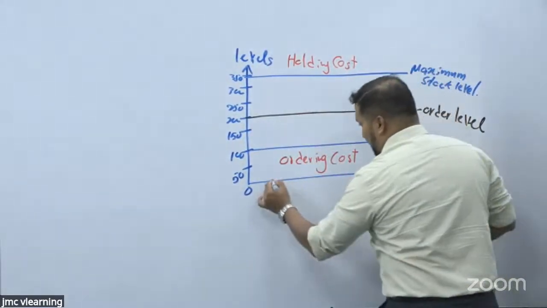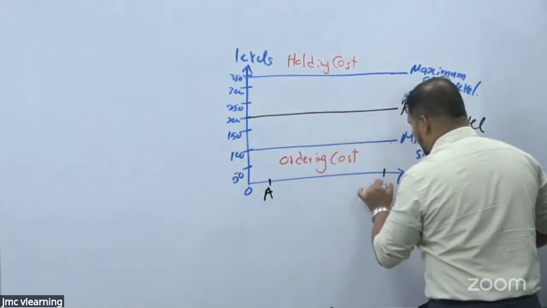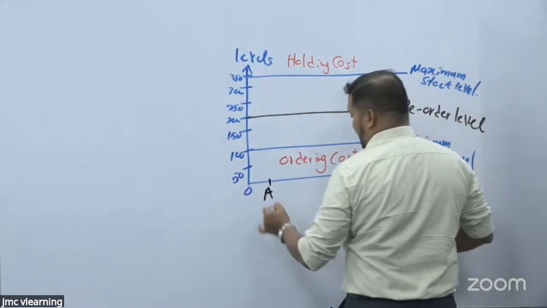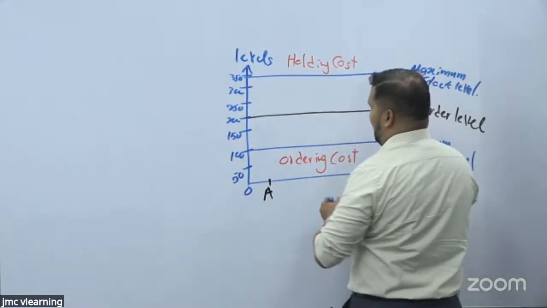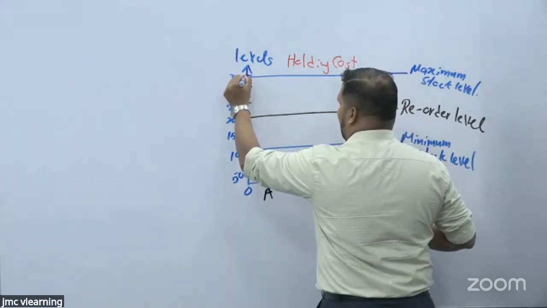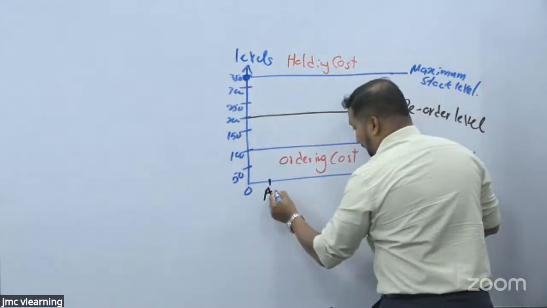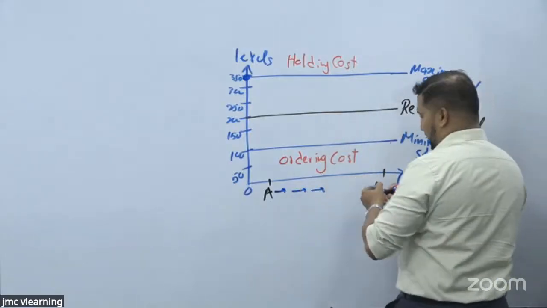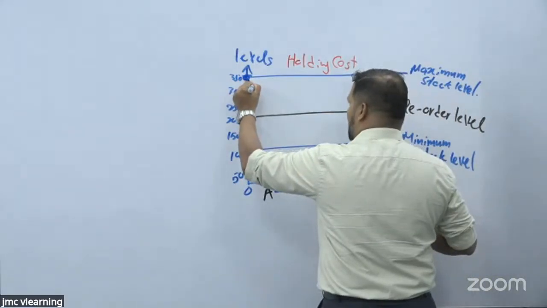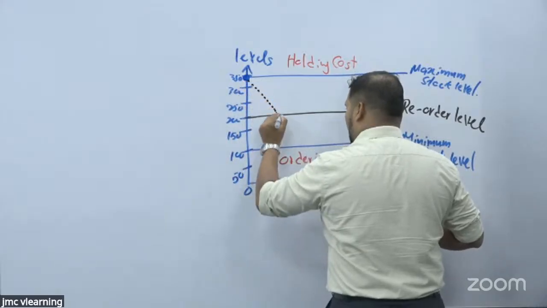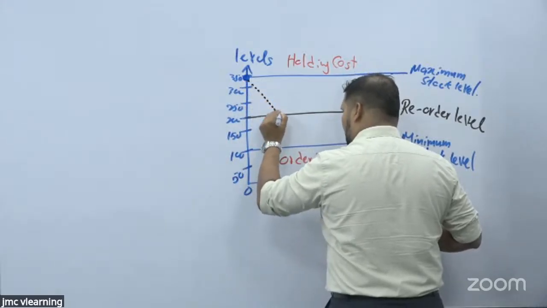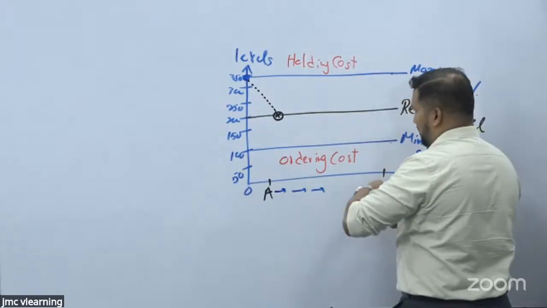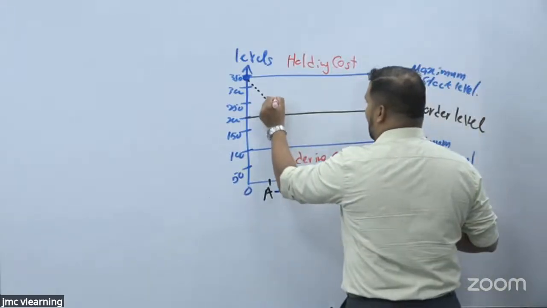So let's say the time is starting from April and ending in March. Let's say the company is maintaining the maximum stock level. With the usage, as time passes, your stock is getting reduced. When the stock comes to this point, this is the point where the storekeeper should raise the PR.